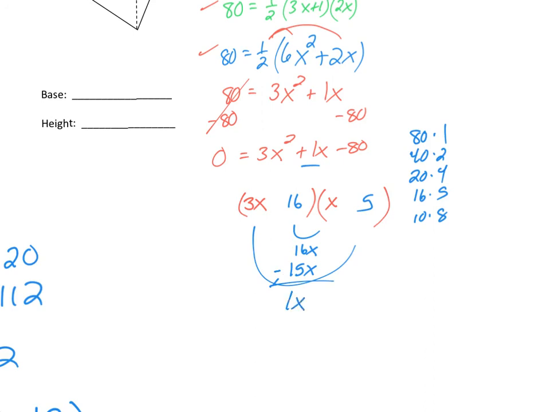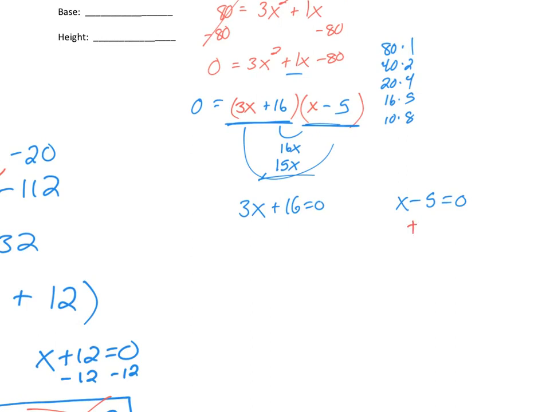So what we want is a minus 5 and a plus 16. Okay, so when we factor that out, we get 0 equals 3x plus 16, x minus 5. So if we solve these, we'd set them equal to 0. So it'll be 3x plus 16 equals 0, and x minus 5 equals 0.